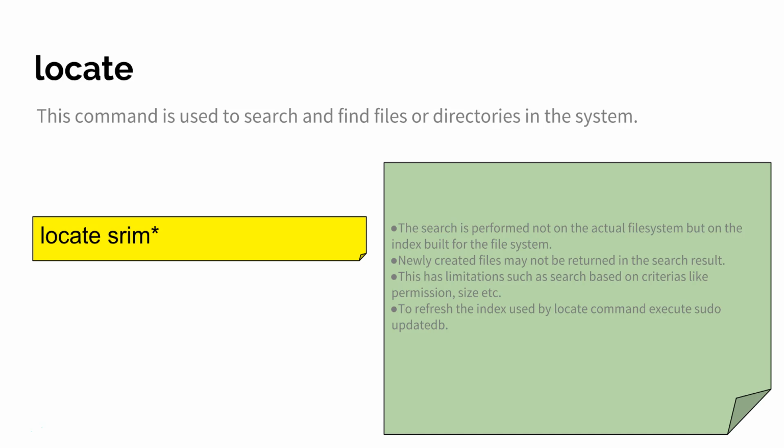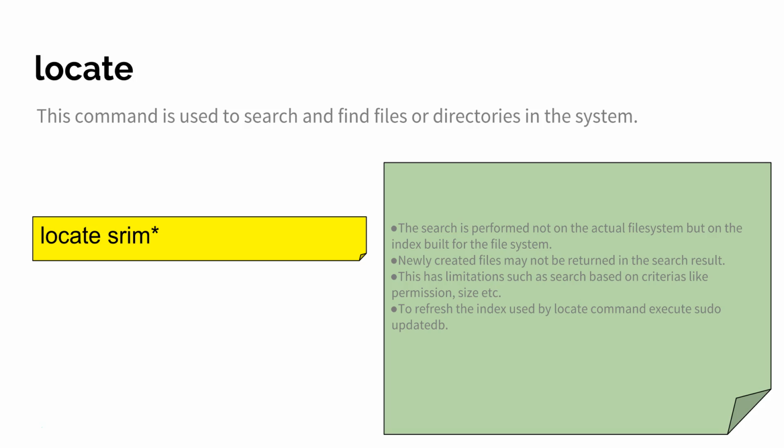Locate. This command is used to search and find files and directories in the system. The key thing to note is this search is actually not performed on the actual file system.